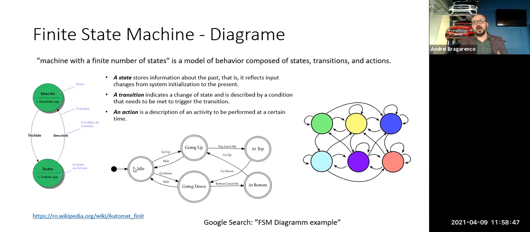We have a specific variable for the states, and in the setup we define the initial state: state equals idle. Now when we sense the button go up, it will change the state from idle to going up.